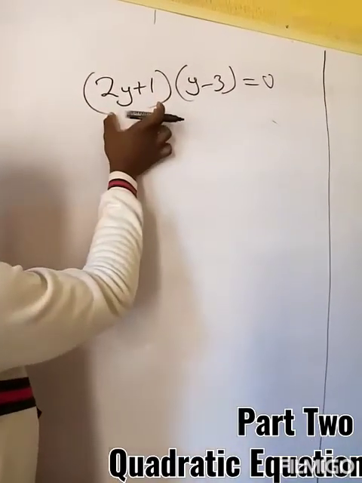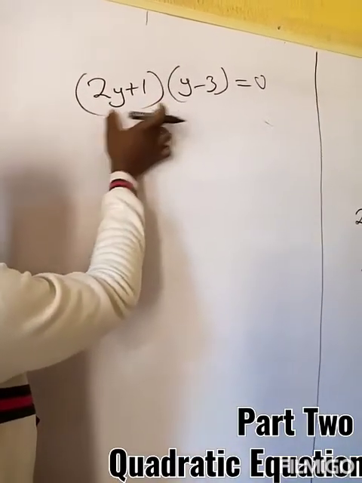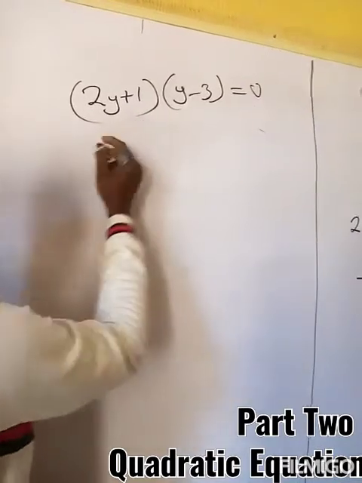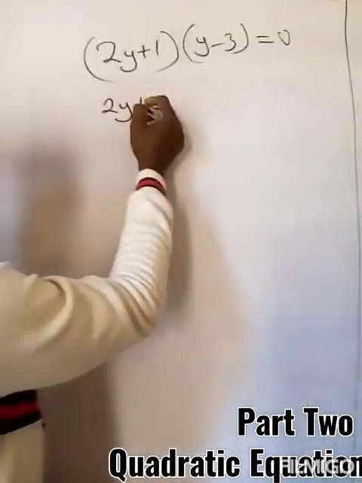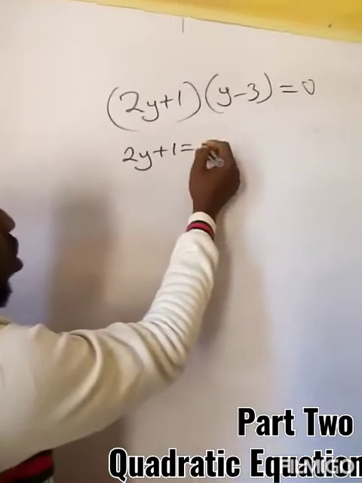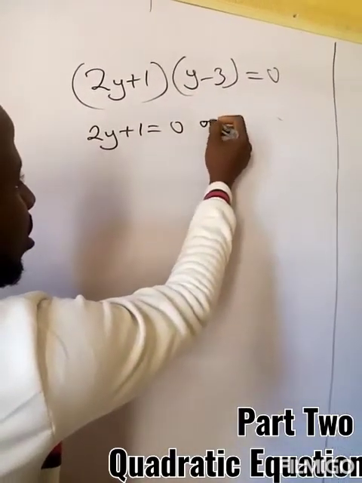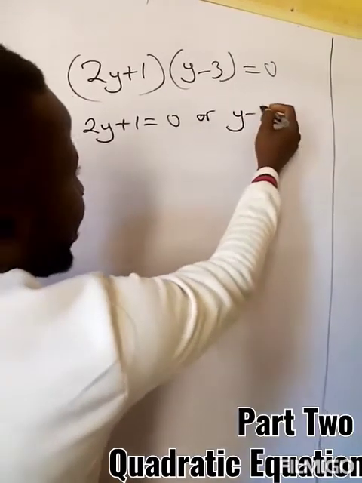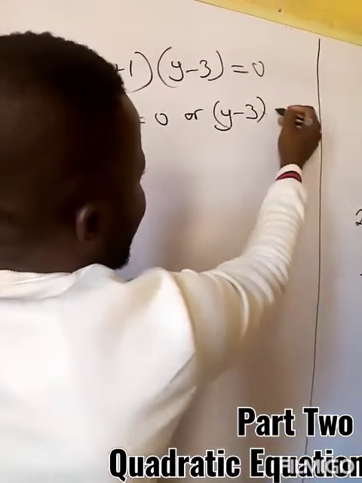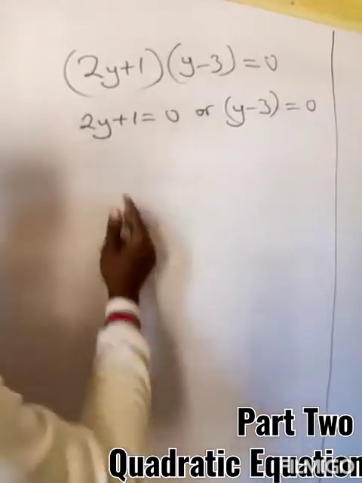Then I can simply equate each factor to 0 by saying 2y plus 1 equals 0, or y minus 3 equals 0.